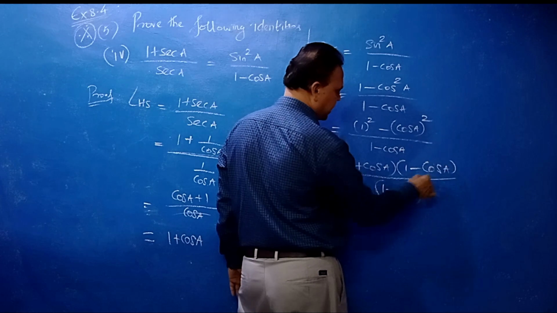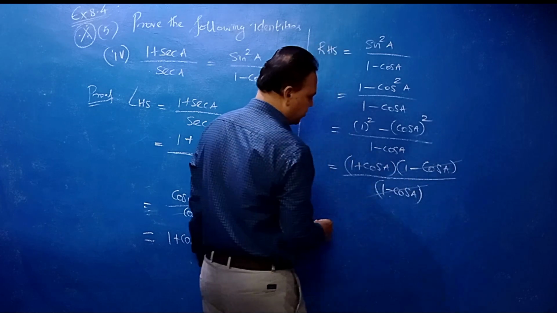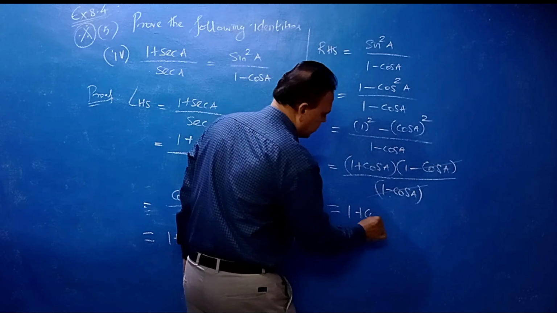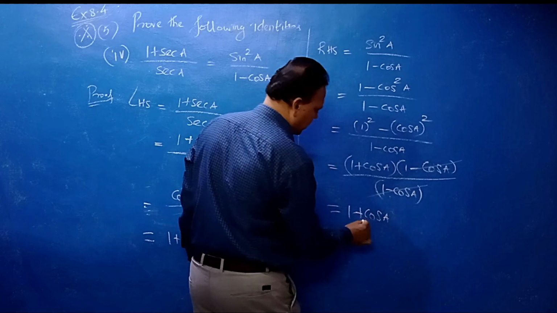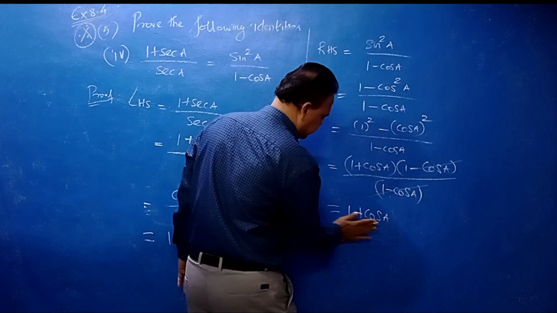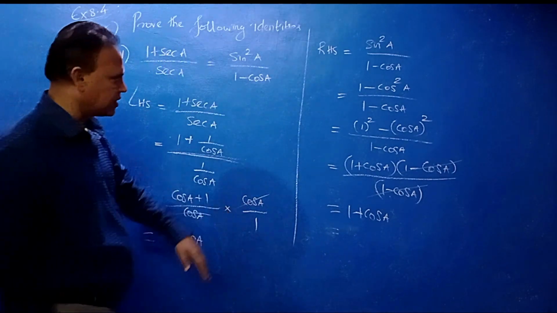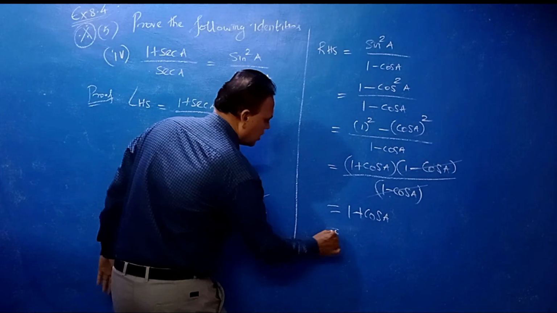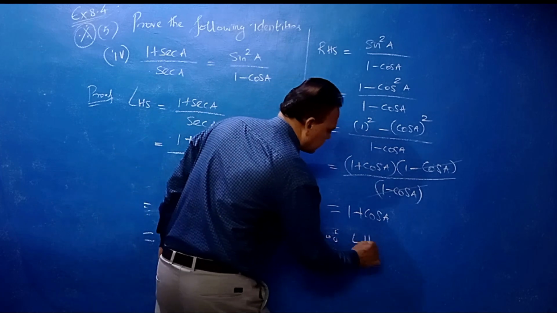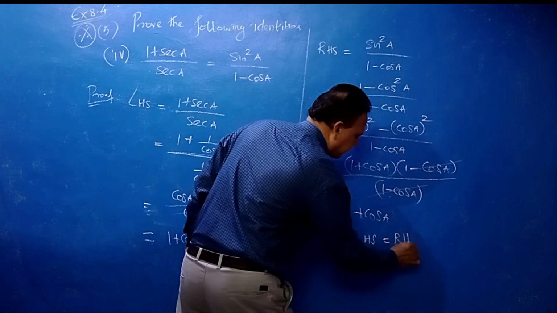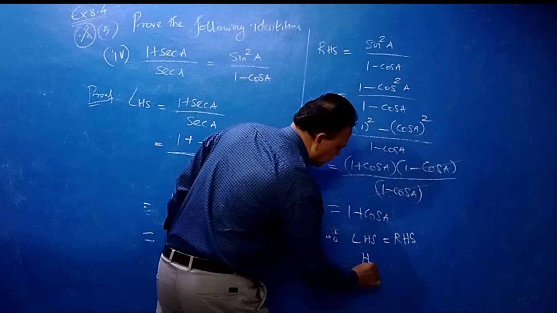You see, numerator and denominator have a common factor, so that will be cancelled, and 1 plus cos A you are getting. That is the right hand side. Right hand side and left hand side get the same answer. Therefore, LHS is equal to RHS. Hence proved.